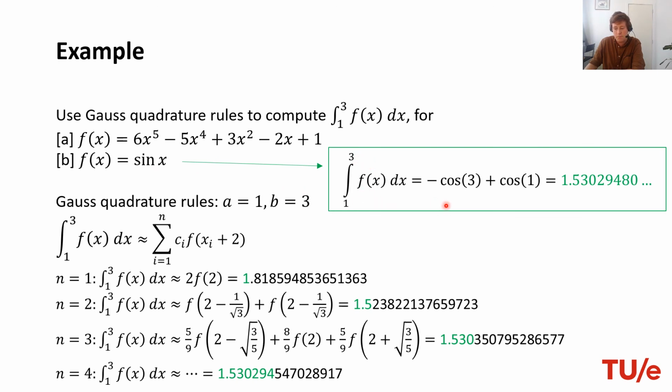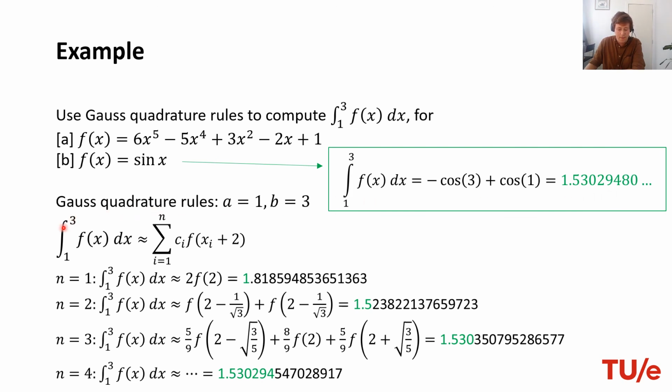Again, we can compute this analytically. The antiderivative of the sine function is minus a cosine function, and you can compute this. It's about 1.5303, let's say.